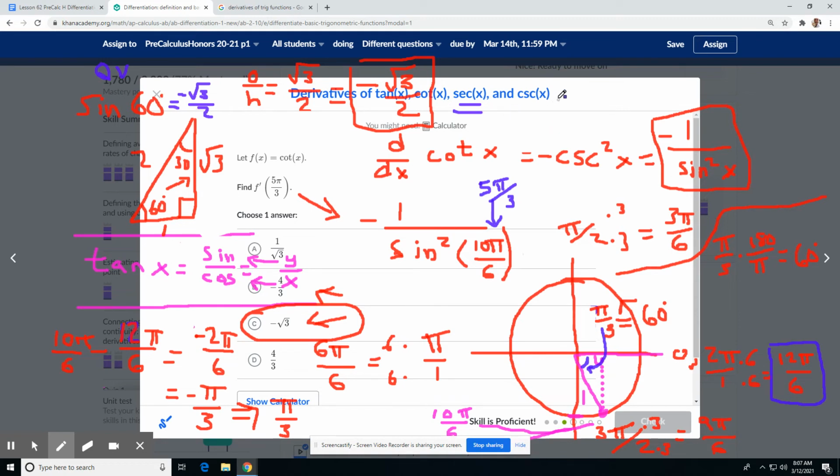Okay, so all this is going to turn into negative 1 over sine of 5 pi over 3. All of this gets squared. So that's what that sine squared means, that I'm squaring the entire sine function right here. Negative sign means I negate it, and then this is going to be on the bottom. Okay, good. That's another thing I forgot. It's on the bottom, so then it's going to be a reciprocal idea.